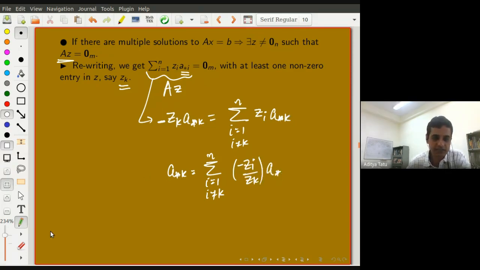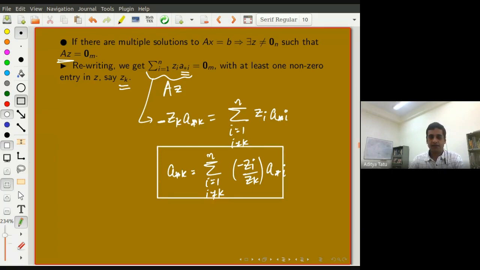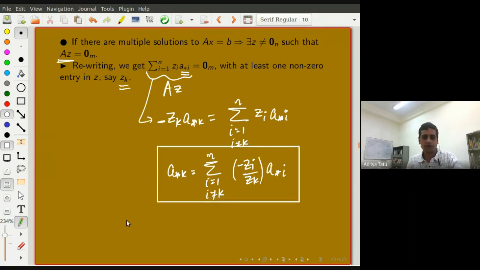Is this making sense? I hope you realize why I needed this assumption that zk is not 0, because I'm going to divide both sides by zk.